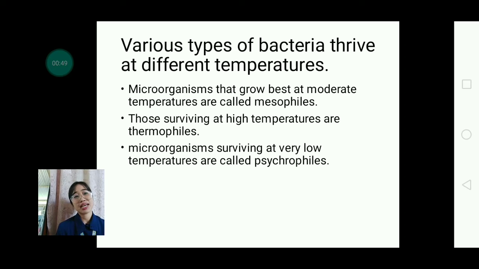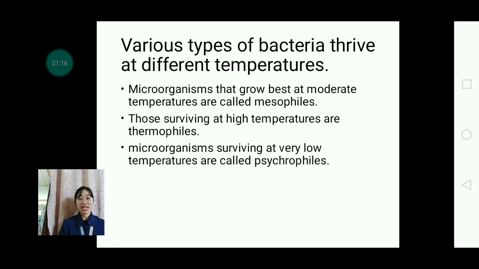I have examples of mesophiles, thermophiles, and psychrophiles. In mesophiles, I have three: Listeria monocytogenes, second is Staphylococcus aureus, and the third is Escherichia coli.